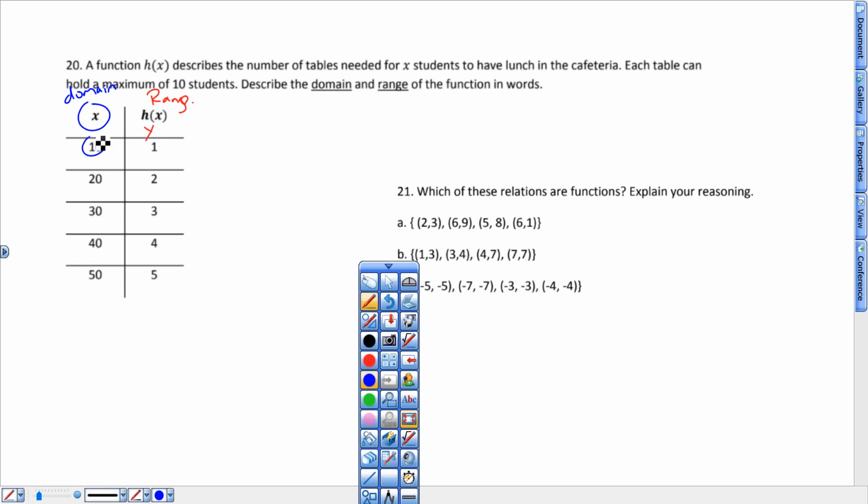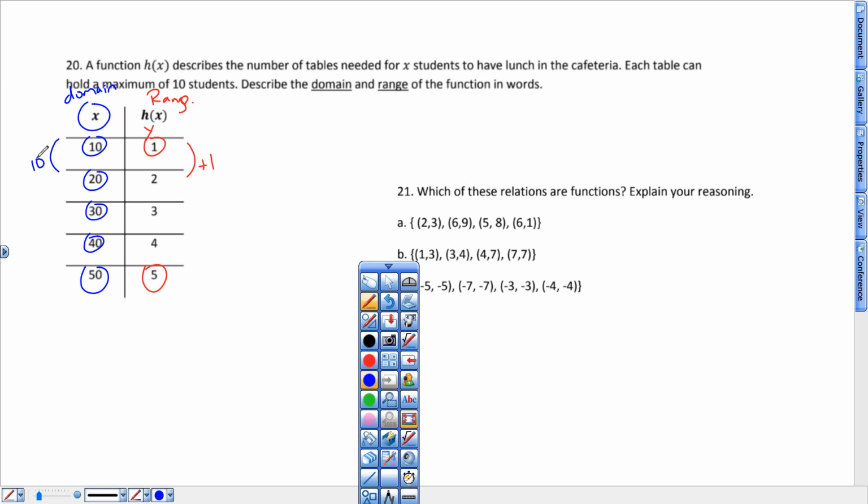That is my domain. Looks like my range goes from 1 up to 5. For this one, you would be trying to find the change in the y number. This is going up by 1, while my x number is going up by 10. All right, so again, I'm not sure what he wants you to do other than describe that. The x numbers, those are my domain. It goes 10, 20, 30, 40.